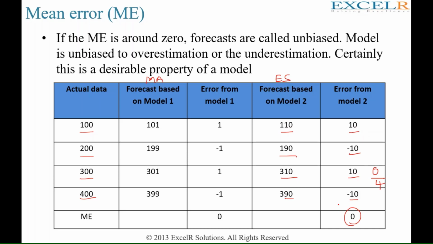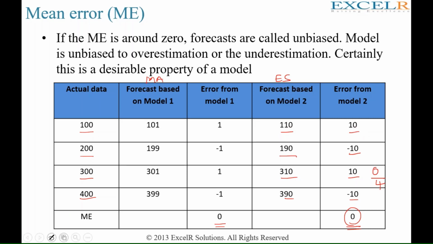So here for moving average, where the magnitude of the error is less, you're getting mean error equal to 0. And for the second model, where the magnitude of the error is high, still you're getting a 0. So hitting a 0 for both moving average and exponential smoothing, despite the magnitude of the error being different.